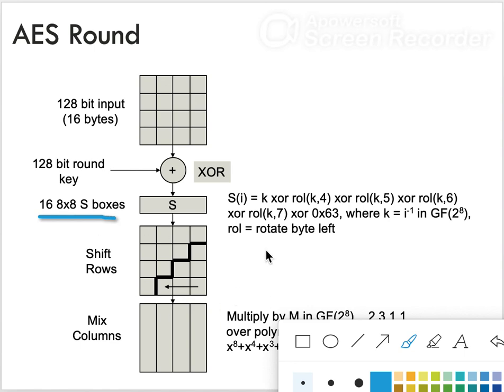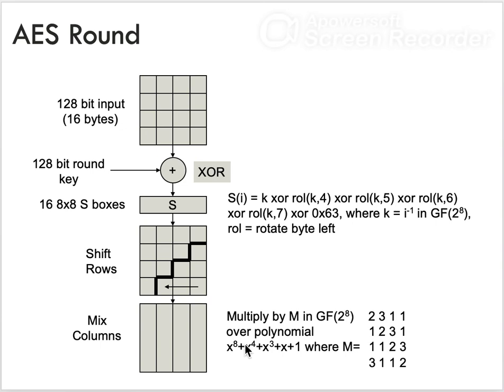So the shift row operation is performed, and then the output of the shift row operation is given as input to the mix column operation, where we multiply this matrix with a fixed polynomial over a Galois field 2 raised to the power 8. So these are complex operations.